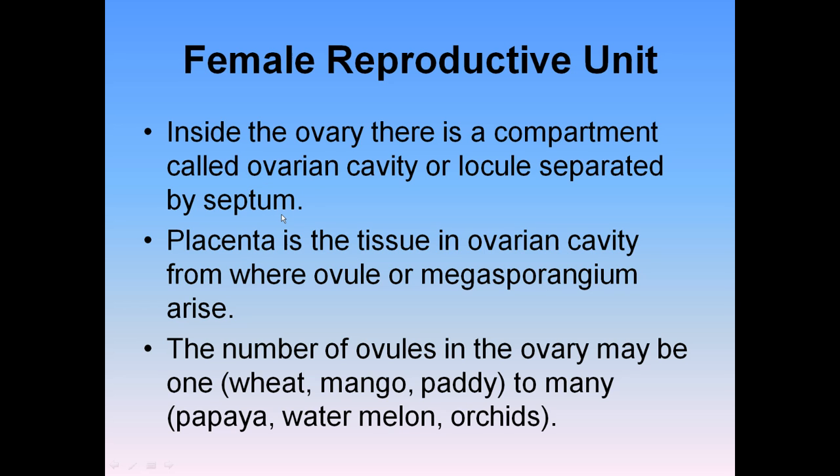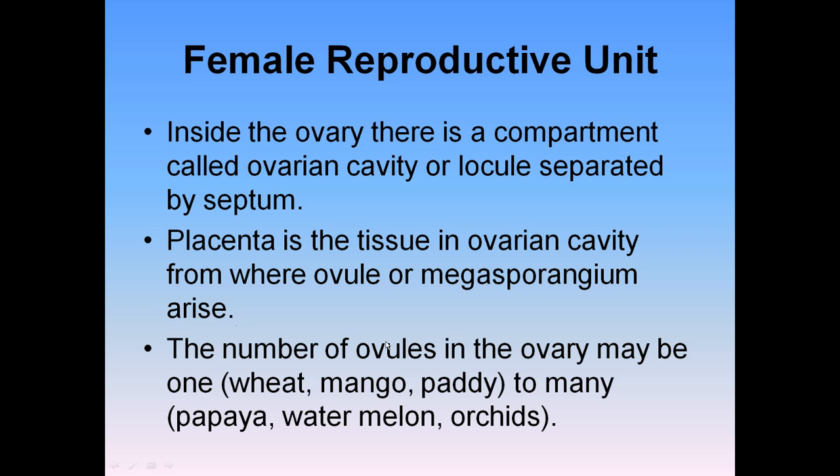And what is placentation? Placentation refers to the arrangement of ovules inside the ovary. And what is placenta? Placenta is a kind of tissue in the ovarian cavity from where the ovule or megasporangium arises. So the arising point of the ovule is the placenta.